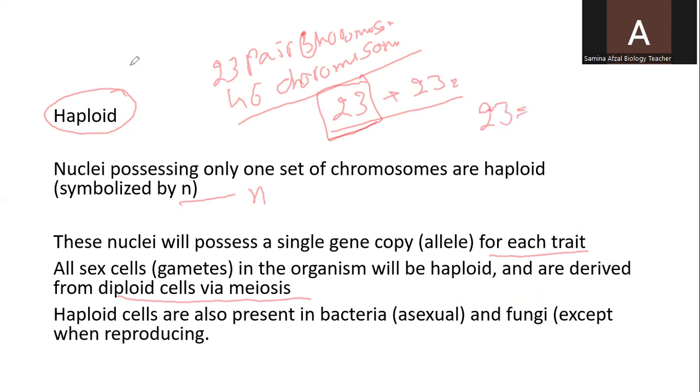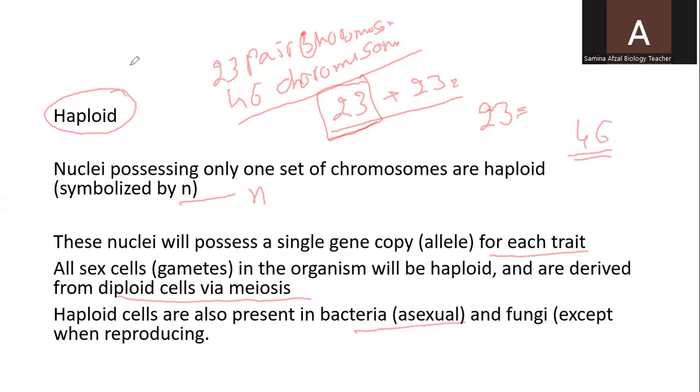Because at the time of fertilization, when two nuclei, that is the male and female, fuse together, there will be the total number of 46 chromosomes, which will represent a normal cell. So the haploid cells are also present in the bacteria and fungi, except when reproducing.